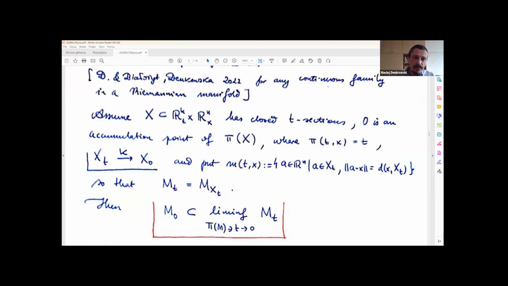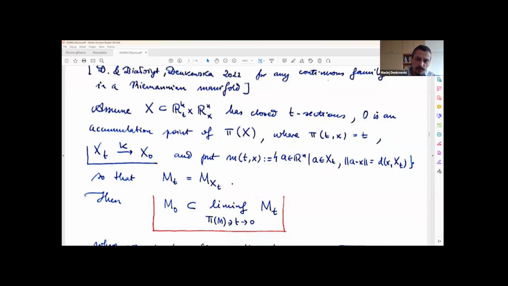So the only thing that we assume, as you can see here, is that we take a set X with closed vertical sections. We assume that 0 is an accumulation point downstairs, right? And we assume that we have continuity at 0, right? The sections are continuous at 0. So we are looking in the sections at the closest points to the sections X_t.